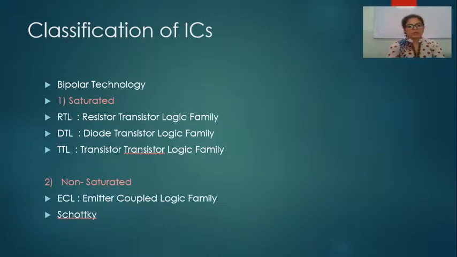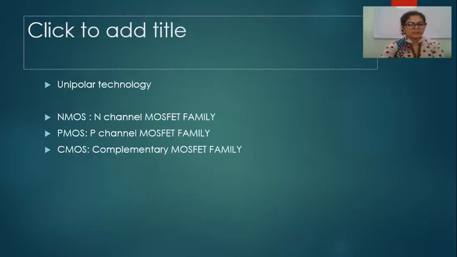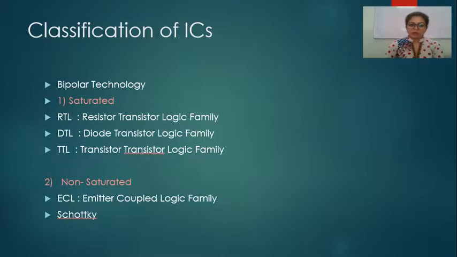So students, we basically have two categories of IC, bipolar and unipolar. In bipolar, we have RTL, DTL, TTL, ECL and Schottky, whereas in unipolar, we have three categories, NMOS, PMOS and CMOS. All these have different characteristics and features, but these are not in your syllabus, so I will not go into that part.